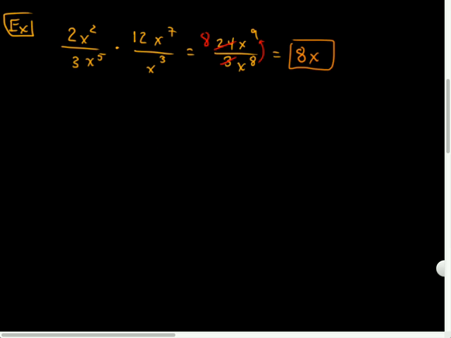Now the same problem done using my cross-canceling techniques. I could have started canceling stuff out right off the bat. I could have realized 3 goes into 3 once and into 12 4 times. I could have, well, depending on how I did things, I could say, oh, I could subtract 2 from the 5 and the 3 from the 7. There's all sorts of ways I could do this. So I would have, let's see, 2 times 4 is 8.